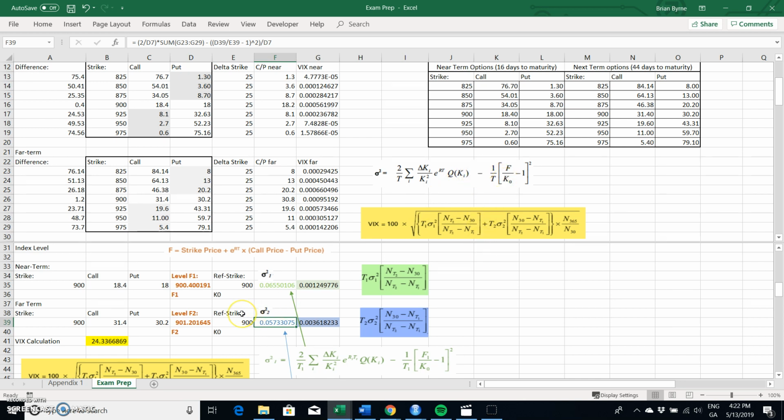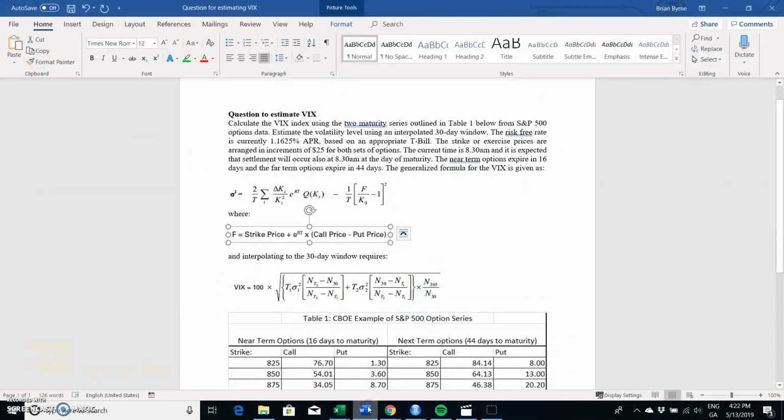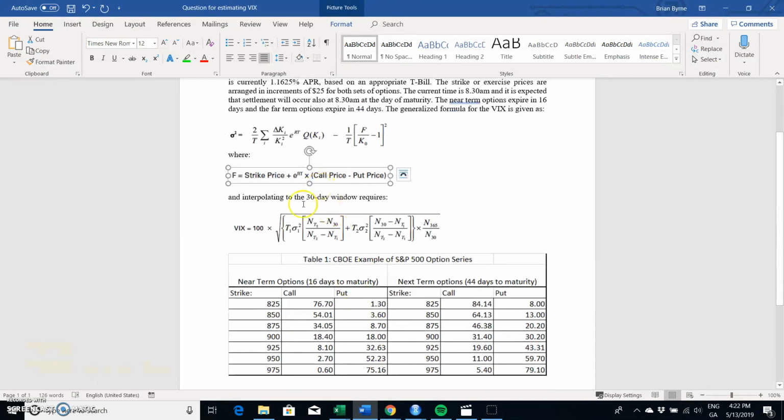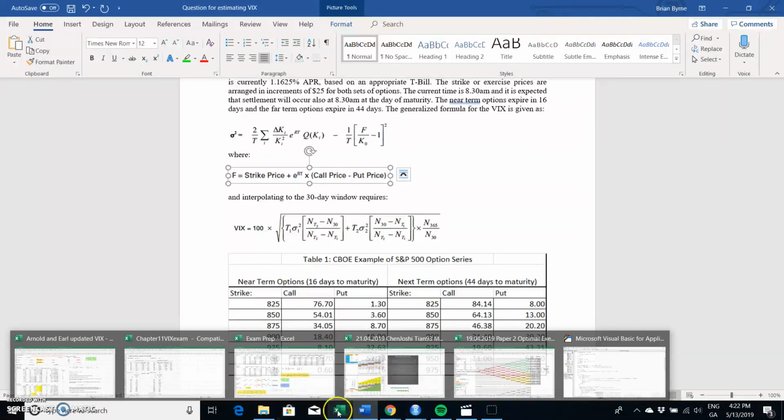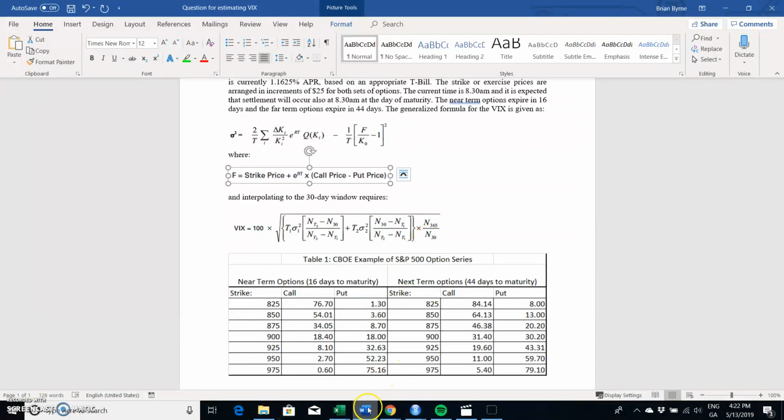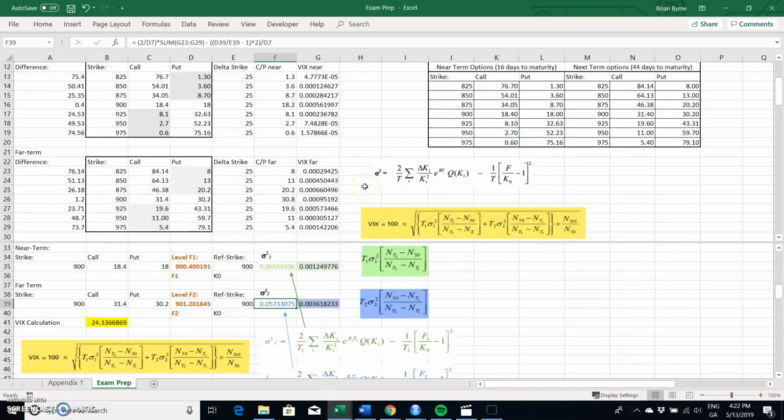And then the final estimate, if we go back to our exam style question, we've got to unify all the different threads. So we take sigma squared subscript 1, sigma squared subscript 2, and we have to express them in terms of a weighting in terms of time. Let's break that down into its actual components for a moment.